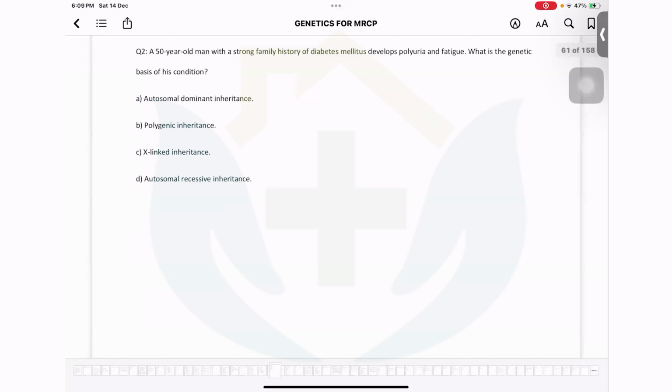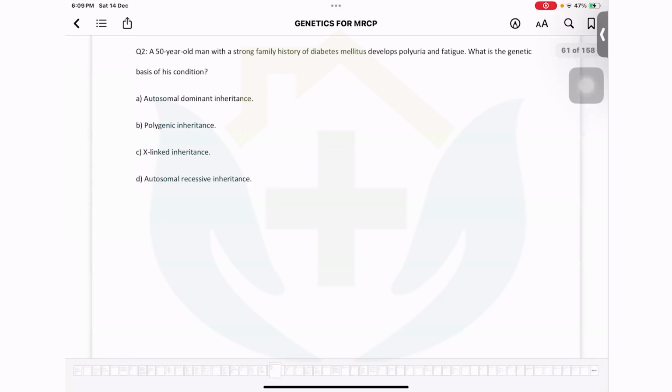A 50-year-old man with a strong family history of diabetes mellitus develops polyuria and fatigue. Strong family history means either the parents have diabetes or the siblings have diabetes. What is the genetic basis of this condition? This question has again, time and again, appeared in the exam.